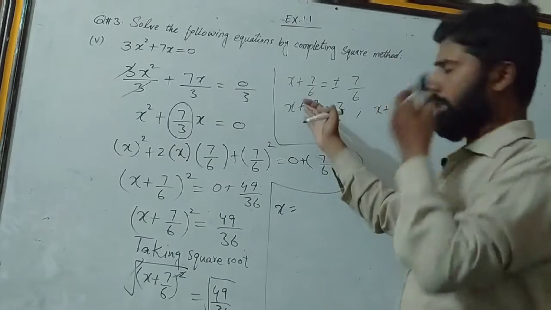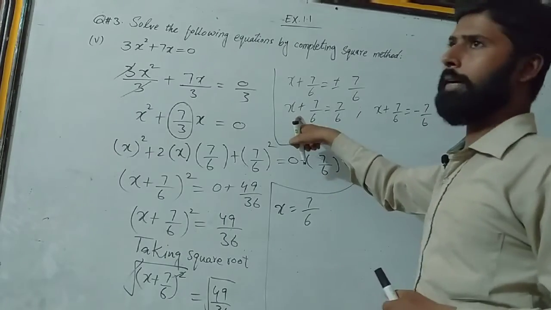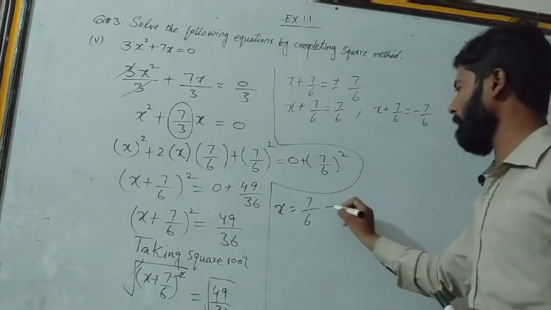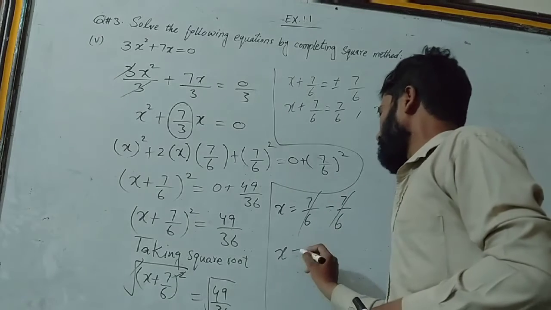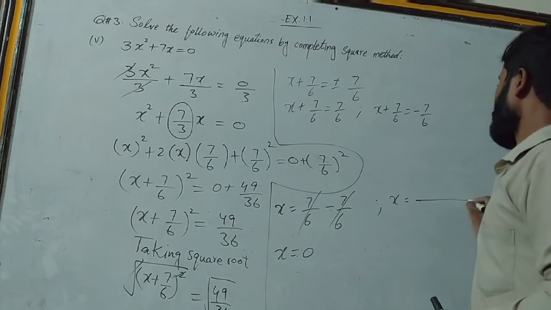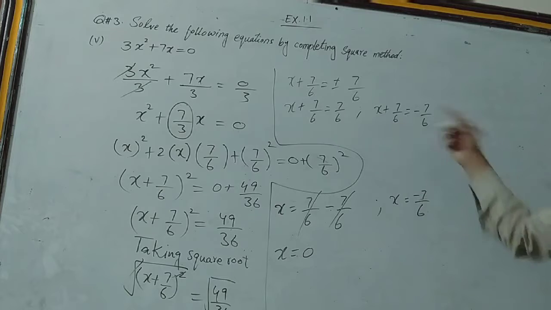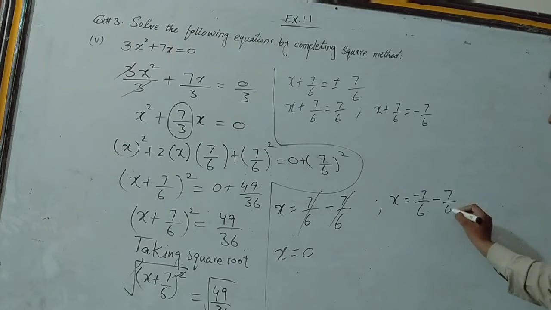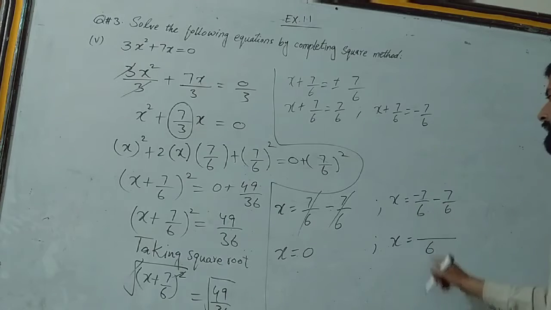Now for simplification we will take this value on the other side. 7/6 plus 7/6, when we take it on the other side it will be minus 7/6. They will cancel, so x is equal to 0, and here x plus 7/6 is equal to minus 7/6. This plus will go on the other side, it will be minus 7/6. Here we have to take the LCM. 6 is LCM.